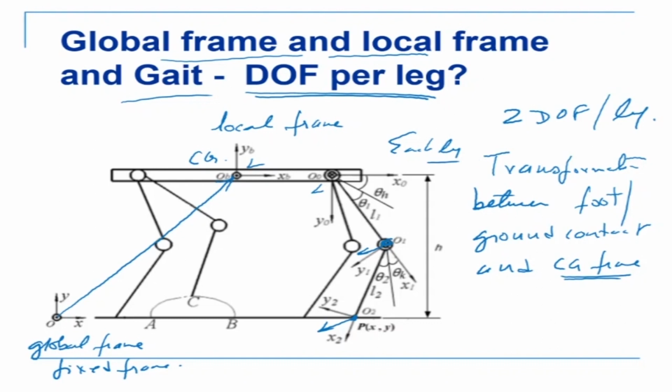Suppose I invert the problem. I put this robot upside down. If I put it upside down, what will happen? This leg is like this now. The body has come down and this is my CG now. Now this is exactly the same as a serial manipulator. You would have studied the frame assignments of serial manipulators in most robotics textbooks. Here, if I consider this to be a serial manipulator, this is not moving. This is my Z axis, X axis, Y axis.